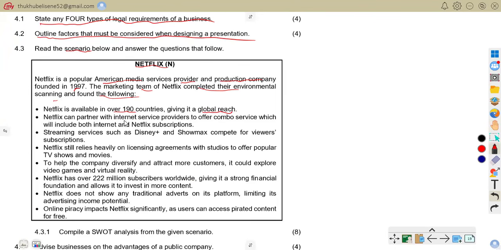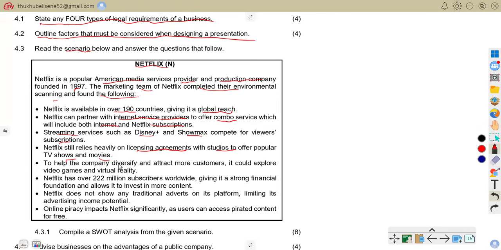Netflix can partner with internet service providers to offer a combo service, which will include both internet and Netflix subscription. Streaming services such as Disney Plus and Showmax compete for viewers' subscriptions. So Netflix still relies heavily on licensing agreements with studios to offer popular TV shows as well as movies.